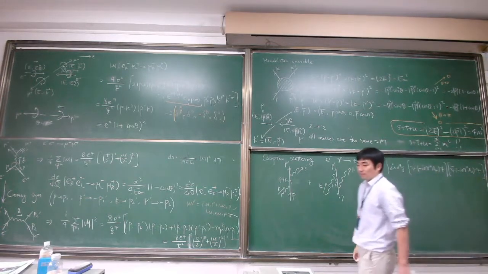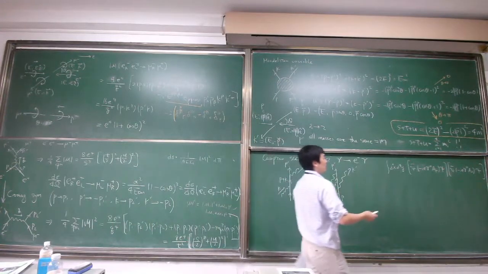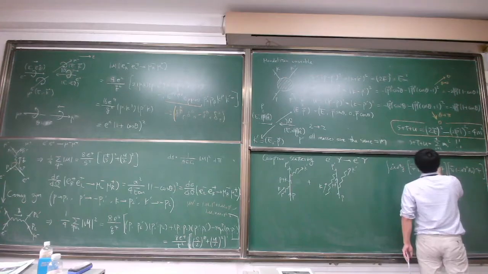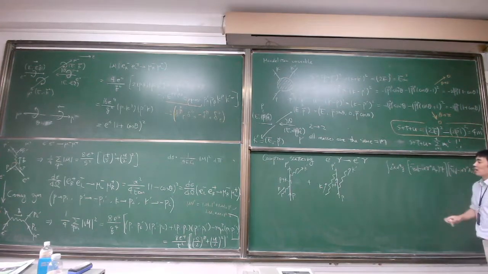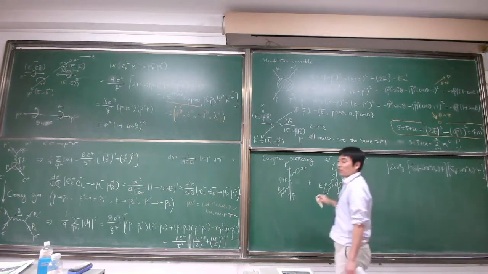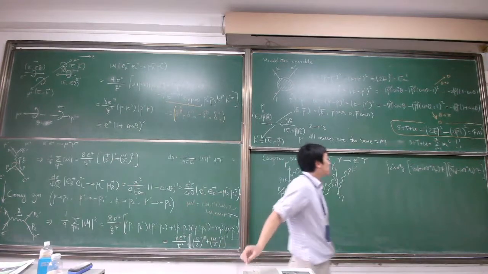So the first one is the x variable. This is the x variable, and the y variable, or whatever. And the factor 1/2 will cancel with the swapping of x and y.